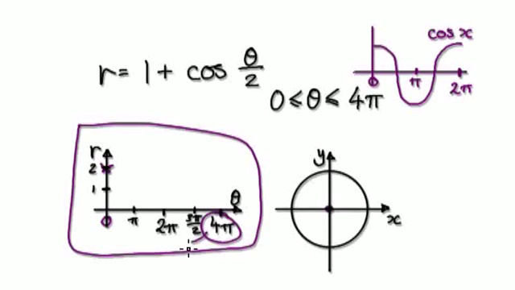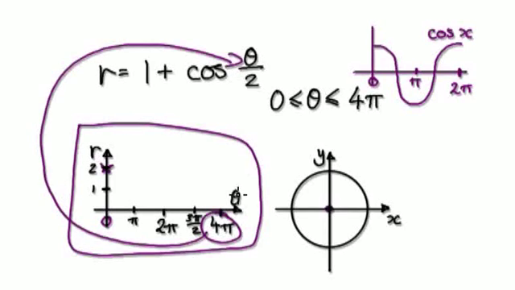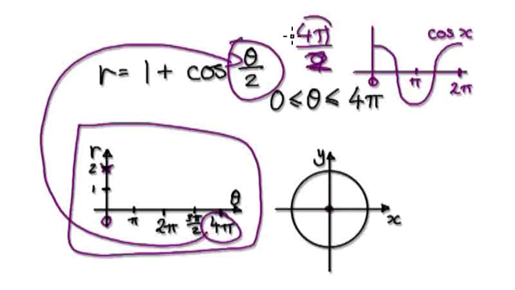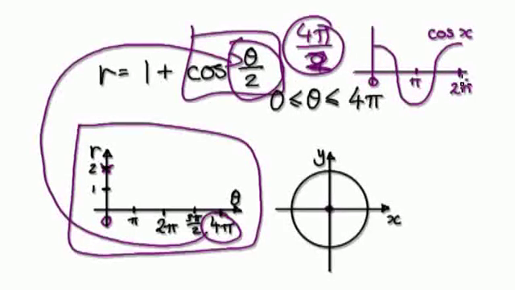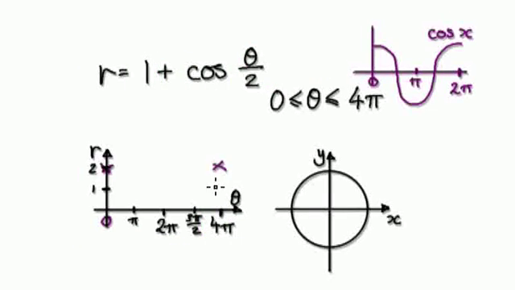Well, let's complete this thing here. If you put 4 pi into here, 4 pi over 4, over 2, this thing here will be 2 pi. So this whole block here would be 1. So it would be 1 plus 1, so that would be 2. So this graph here, when it's 4 pi, it will be 2.